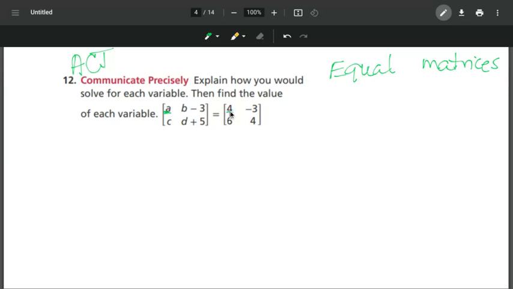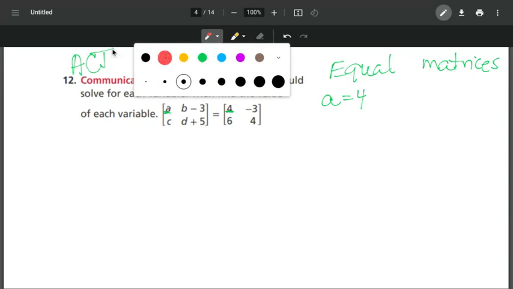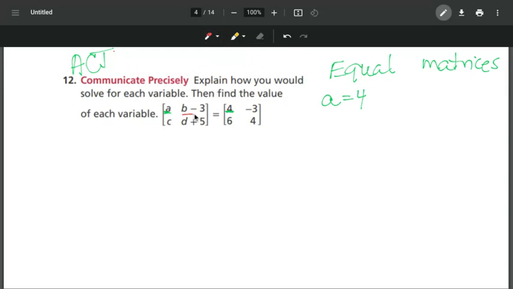It's the same as the element in row 1, column 1 of the other matrix. So A in this case would be 4. For this element, the B minus 3, it's in the same position as that negative 3. So I could say that B minus 3 is equal to negative 3 and then solve. So add 3 to both sides, we would get B to be 0.